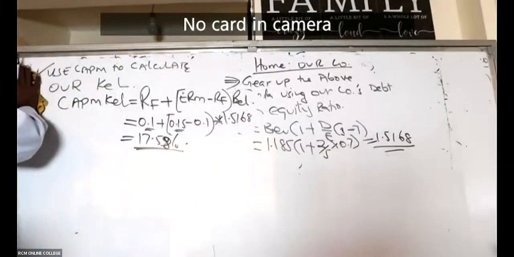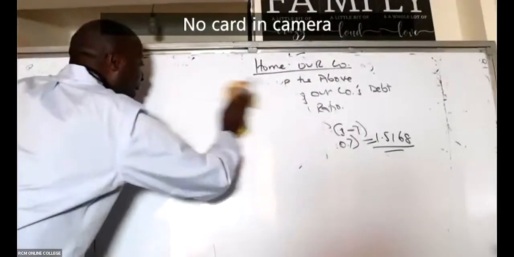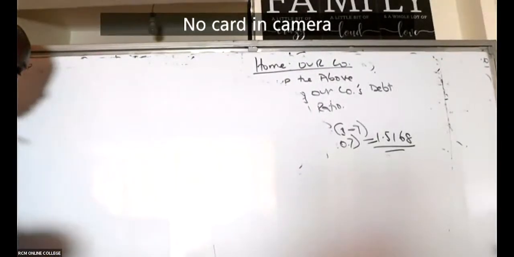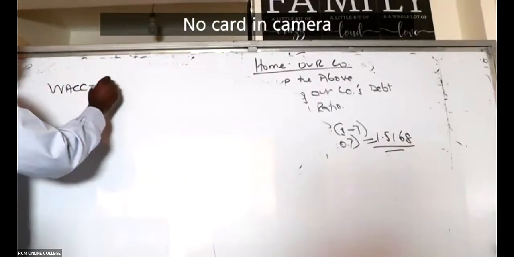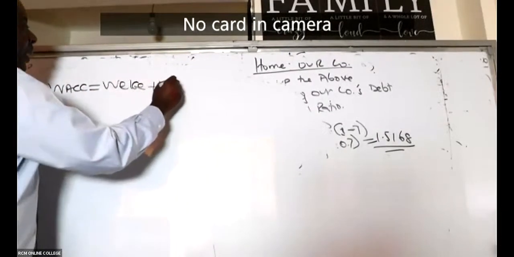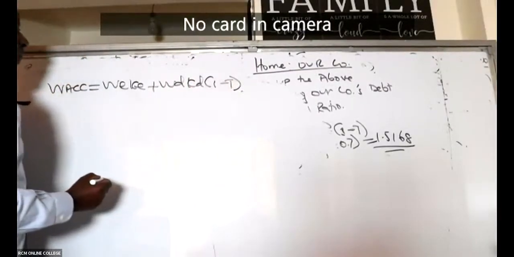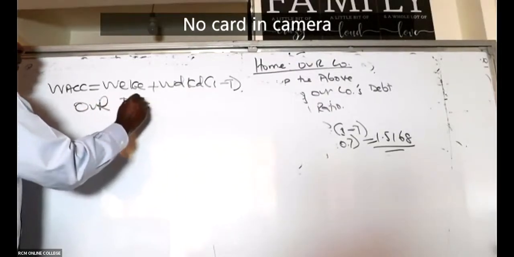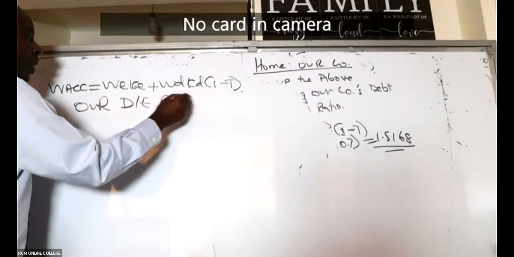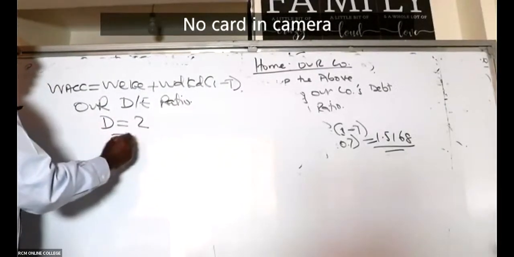So this has to be the famous WACC. This has to be the famous WACC. And how do we get this WACC? To get the WACC, we know we shall take weight of equity, cost of equity, plus weight of debt, cost of debt, into 1 minus tax like that. Remember, we are still using our debt to equity ratio, where debt is 2 and equity is 5.